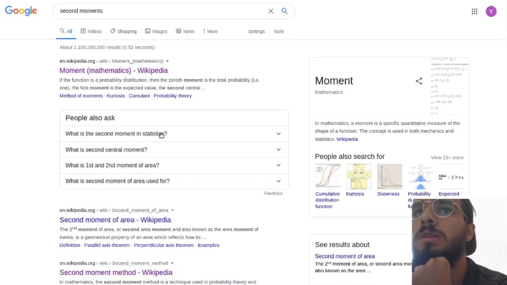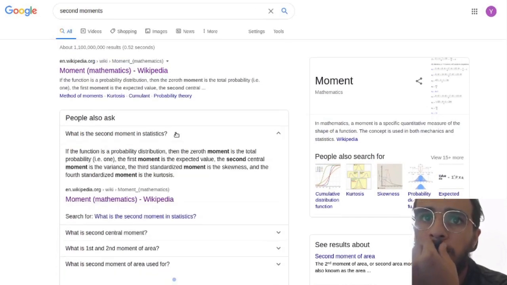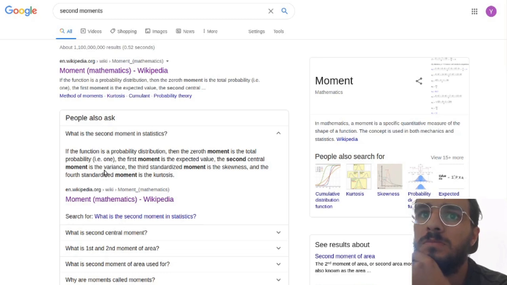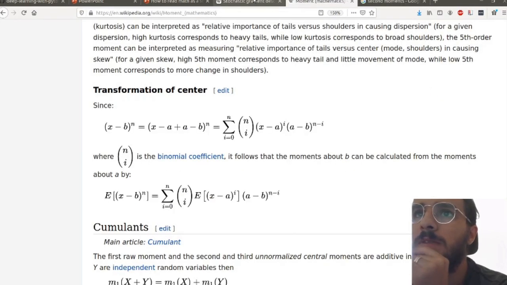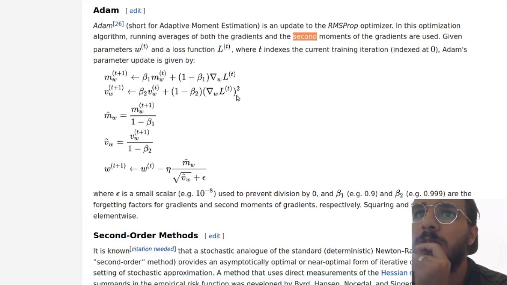I'm not too sure about that part. So here they're talking about the variance, but I don't think that applies. I don't think that's the variance. Is it? Because that's a gradient.